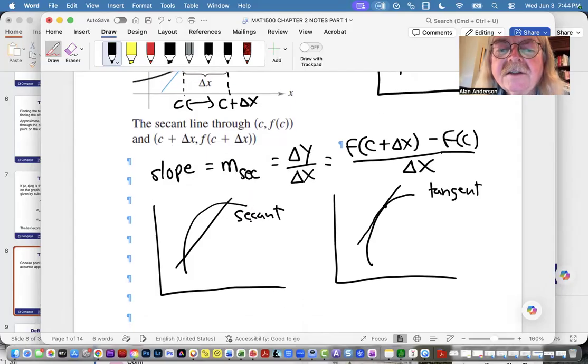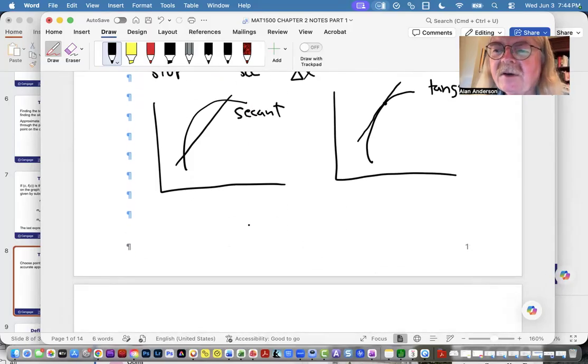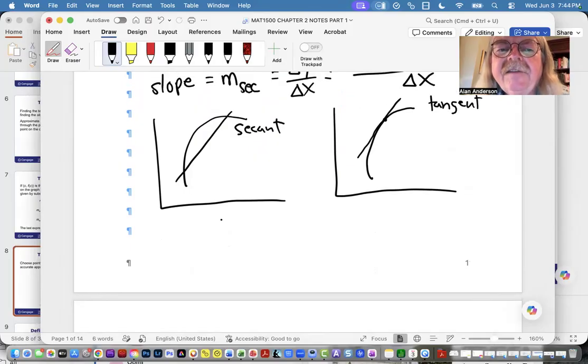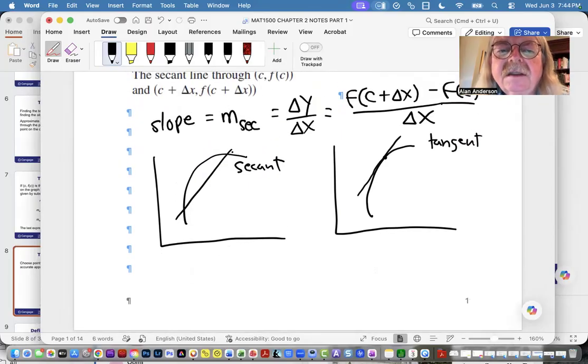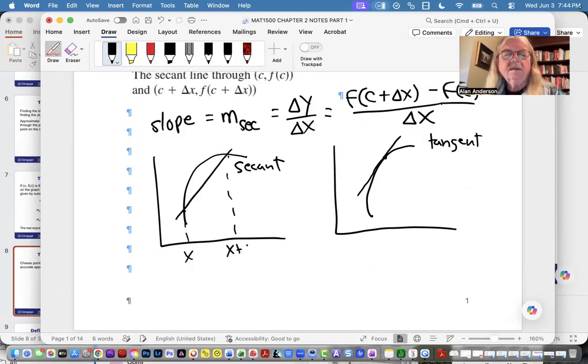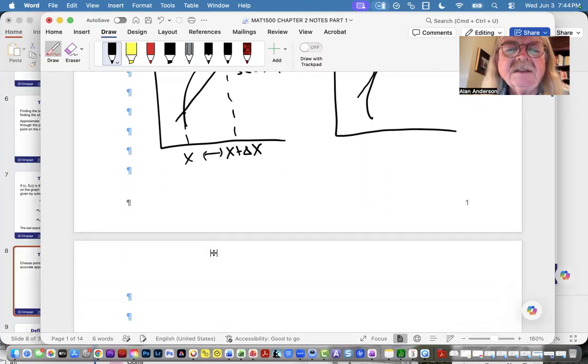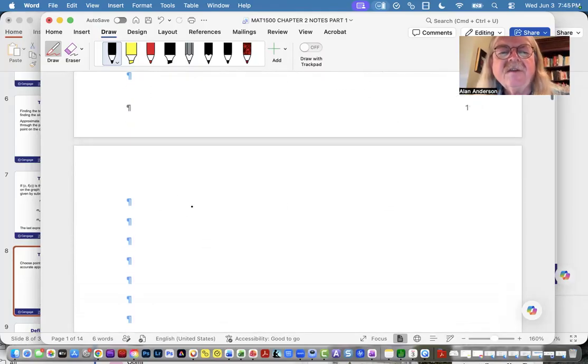What they're trying to show you in those many graphs is that if the two points continue to get closer and closer to each other, let's say, for example, we take the same function and try the points.